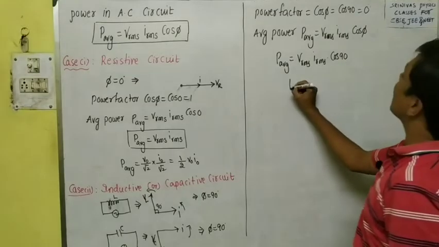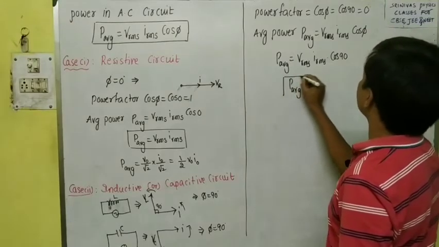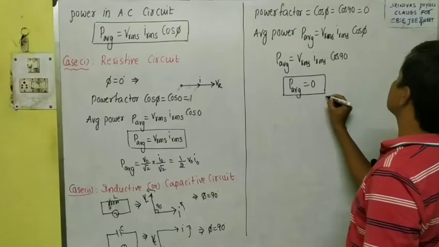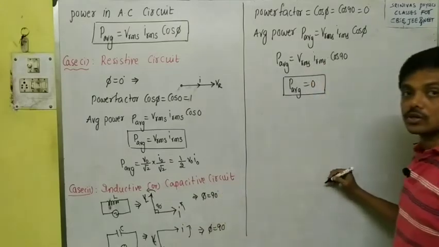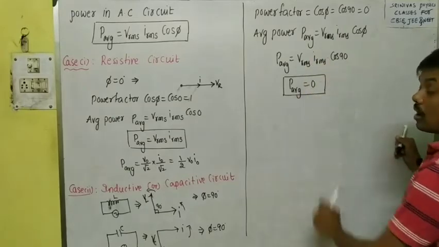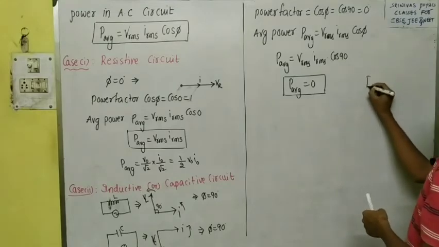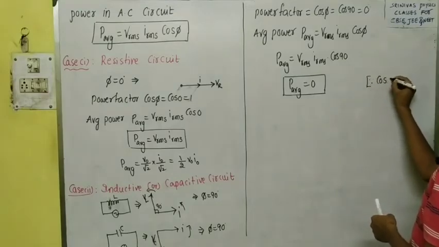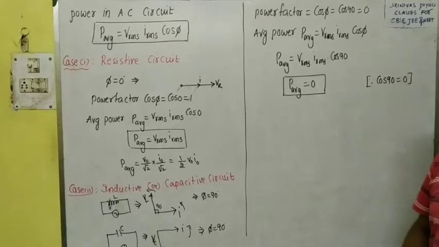Then we get the average power as 0. That means inductive or capacitive circuits are said to be wattless circuits. They cannot consume any power, because we know that cos 90 is 0.